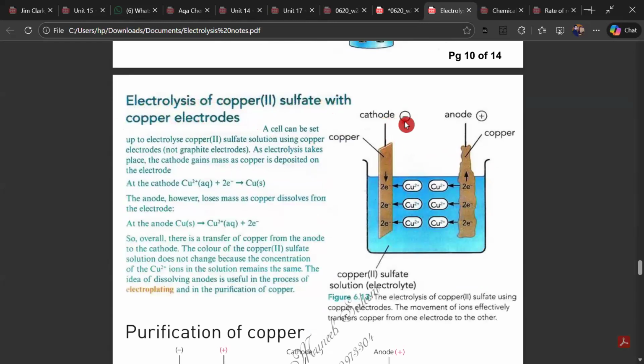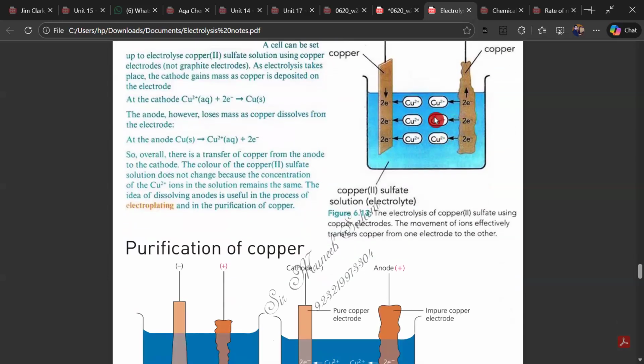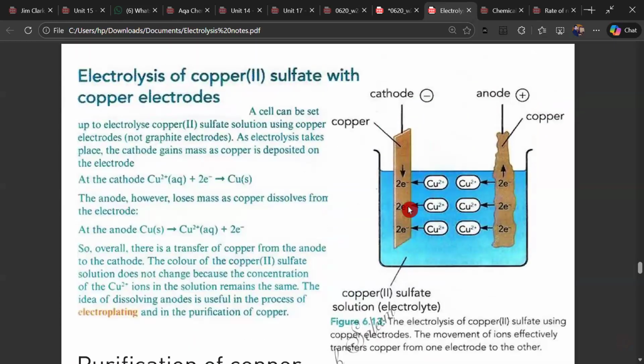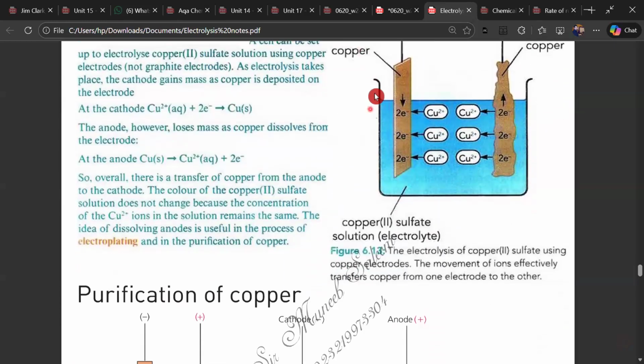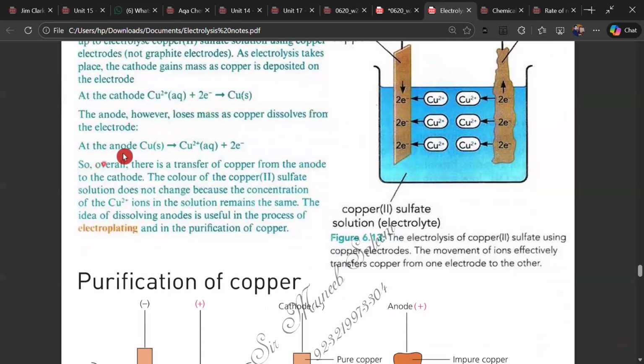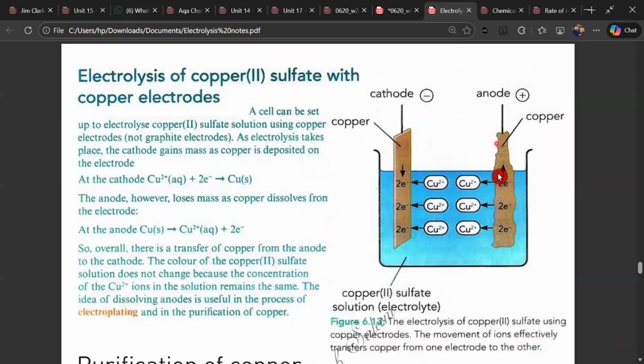The cathode is the negatively charged electrode, the anode is the positively charged electrode. On the cathode we have the formation of copper metal, and on the anode there is a formation of copper ions. The solution within the cell remains blue; it does not fade, because it is continuously providing copper ions within the solution.